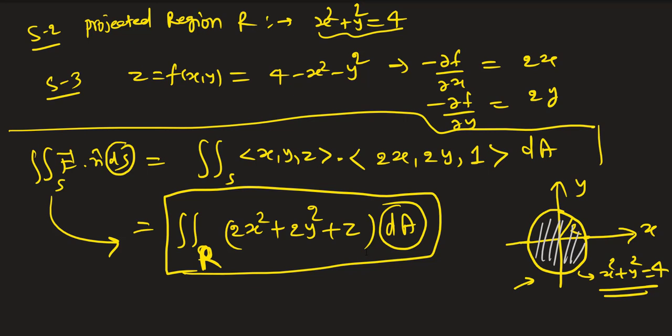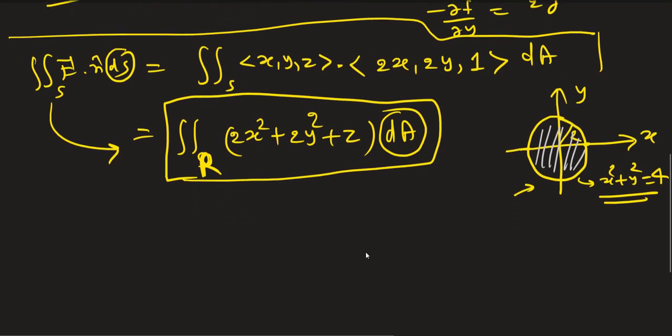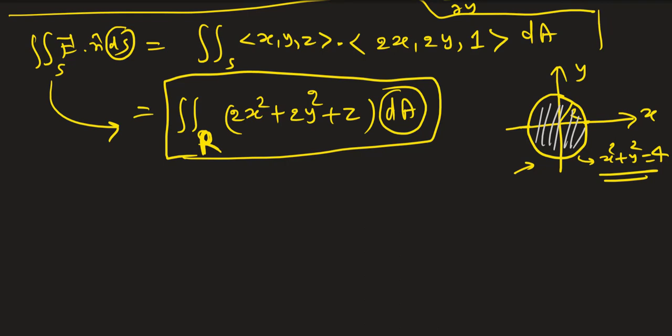Okay. So now you can use the polar coordinate in order to solve this double integral. So let's first put the value of z to further simplify this.